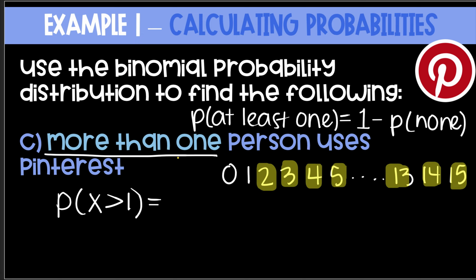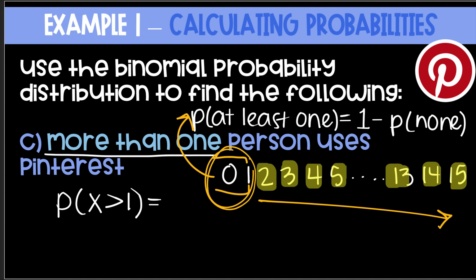Just like we did with the probability of at least 1, it's faster to compute just the probability of at most 1 and then subtract the rest. So I'm going to compute the probability of this portion, and then subtract it from 1, because the total sum of my probabilities is 1.